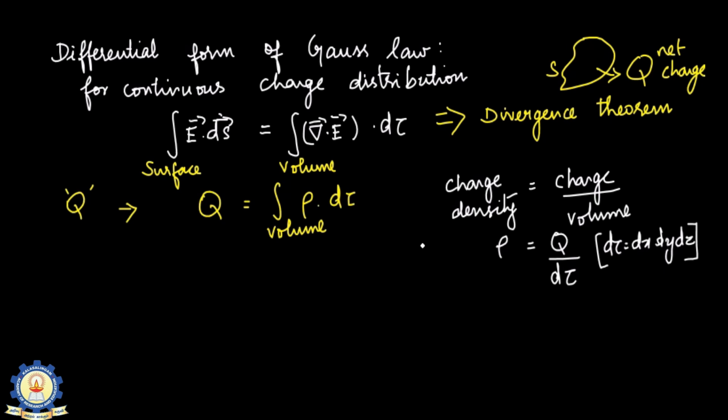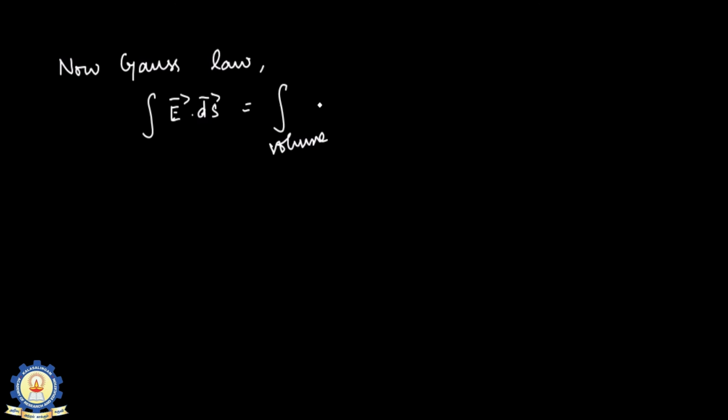Now, Gauss law becomes closed integral E dot ds is equal to the integral over volume of 1 by epsilon naught rho d tau, which is equal to the integral over the volume of del dot E d tau.